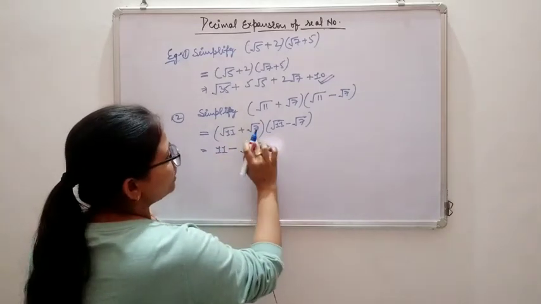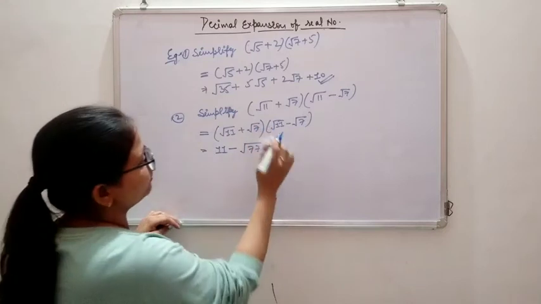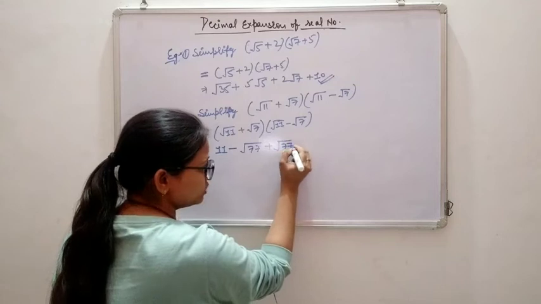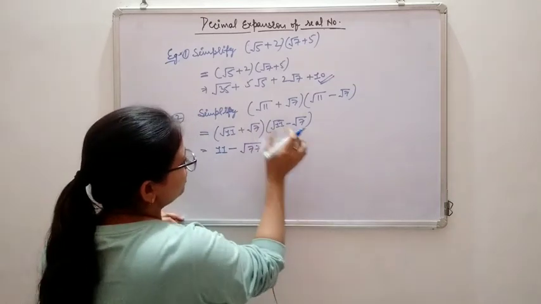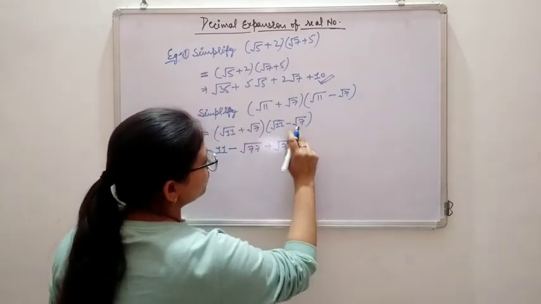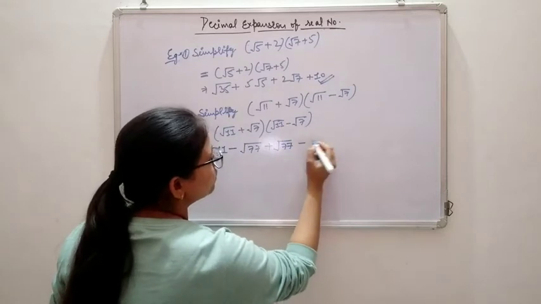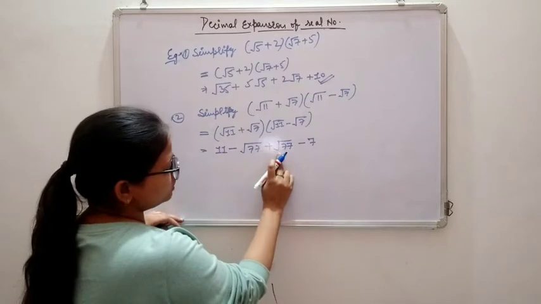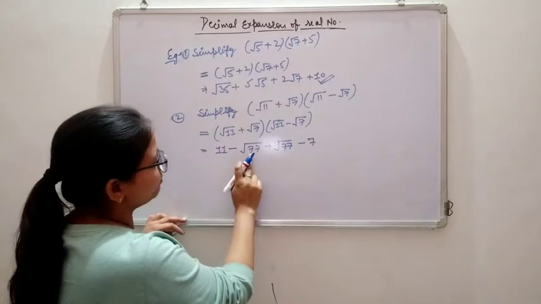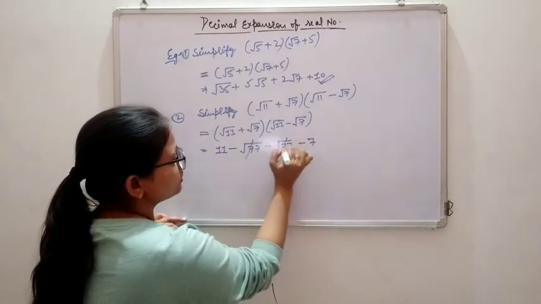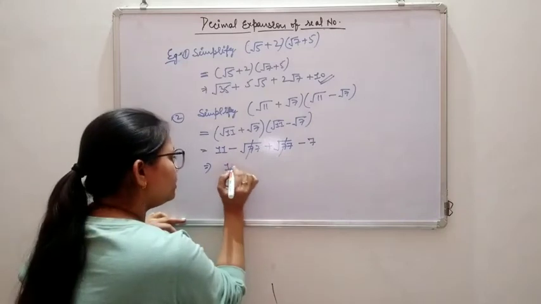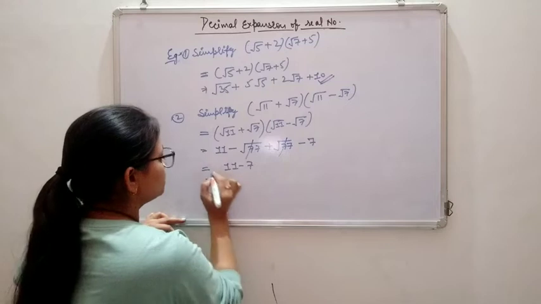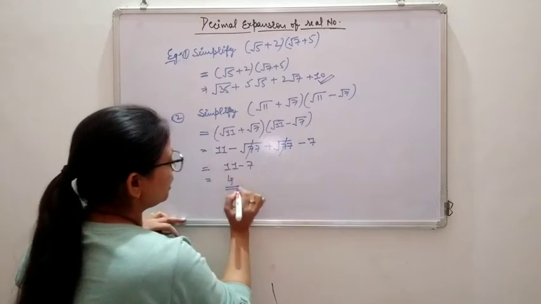All right, now multiply root 7 with root 11, this will also give you positive root 77, right? Now multiply root 7 with the negative root 7, will give you negative 7, right? So root 77 cancels by minus root 77, right? So the answer will be 11 minus 7. So this is the 4, right?